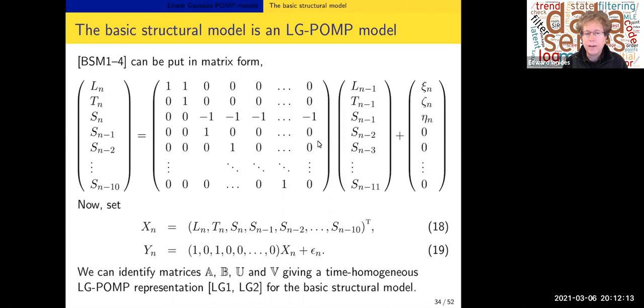And then the observation process is the level plus the seasonal component plus white noise. And so it has this matrix form, and we can just identify the matrices A, B, U, and V in a time homogeneous LG-POMP representation. And so we've checked that it is an LG-POMP, and therefore we can do all the filtering and prediction and likelihood evaluation using the POMP algorithms.